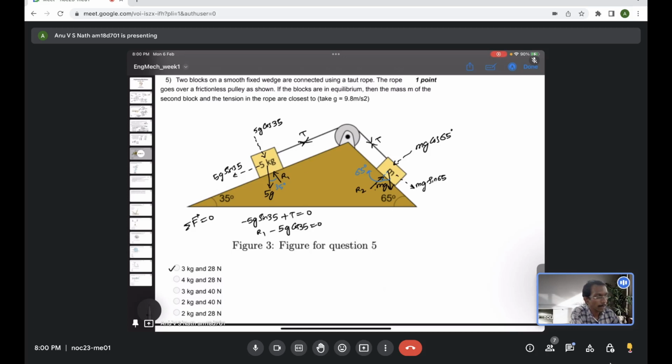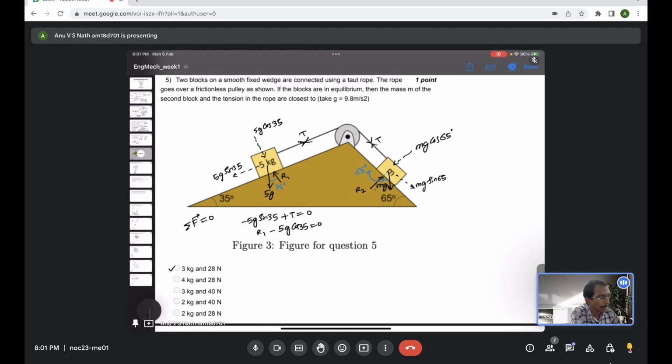So basically the second equation is not necessary here, but as part of the equilibrium equations I just wrote it, because that will only help us to evaluate the reaction forces. We want the unknown tension. The same tension will be acting on the other mass too, which will enable us to evaluate the unknown value of m.